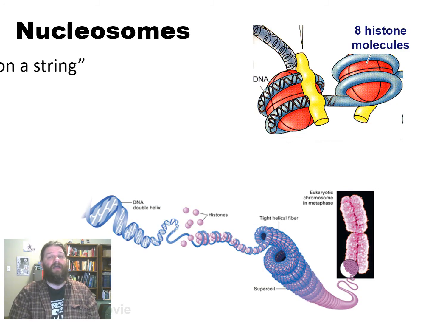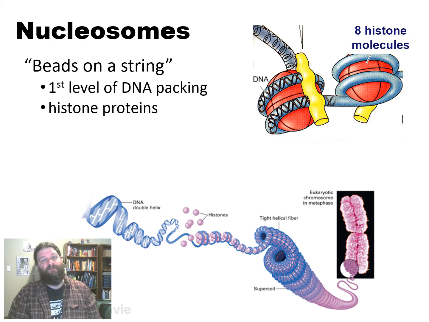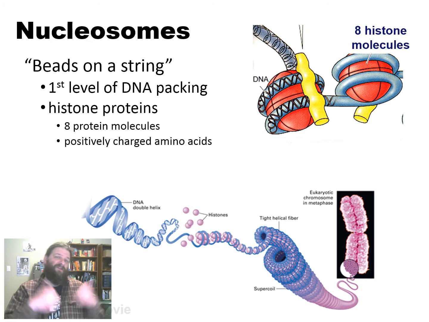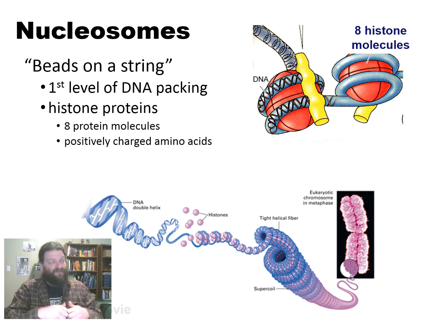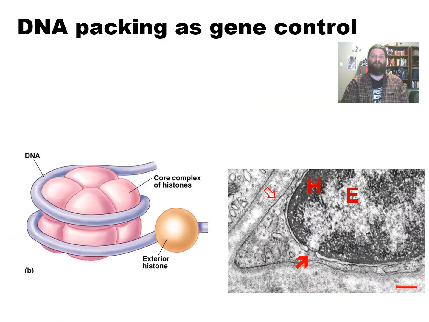Taking a little closer look at the nucleosomes, those beads on the string. It's made up of DNA wrapped around histone proteins. There are 8 histone protein molecules that make up each one of the nucleosomes. The proteins have positively charged side chains on the outside of them so that they can bind to and interact with the negatively charged DNA.